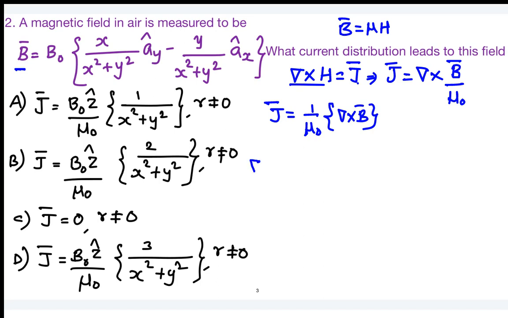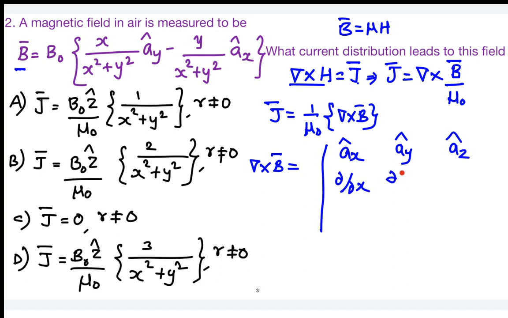I hope by this time you would have become familiar with divergence and curl, all these things. So you can find the curl of that vector. The first row is Ax, Ay and Az, the second row will be the differentials, dou by dou x, dou by dou y, dou by dou z, and the third row will be the coefficients.